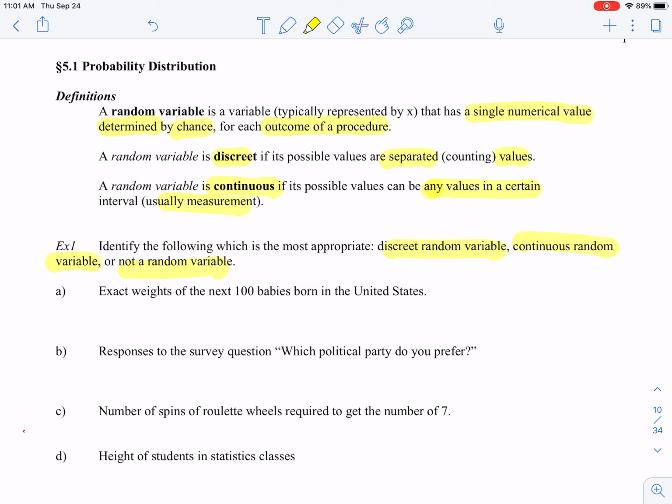So again, we don't know what the exact weight will be for the next 100 babies being born in the United States. So the values of those weights are determined by chance. The values can take up any number in an interval. So it's going to be continuous in that sense. And then it's random in the sense of the value of the weights are randomly determined by chance. We don't know exactly what the weight's going to be.